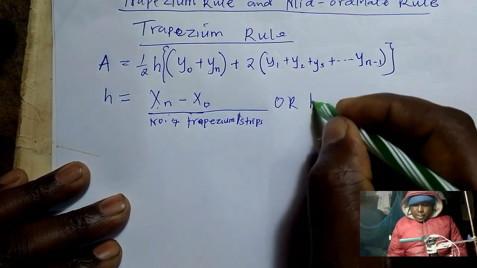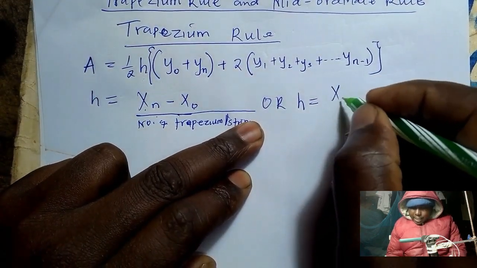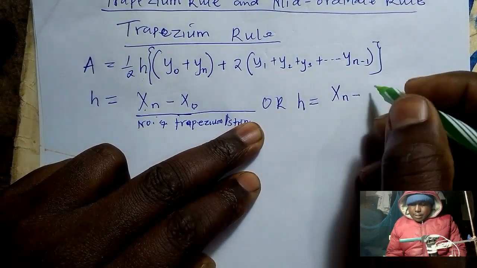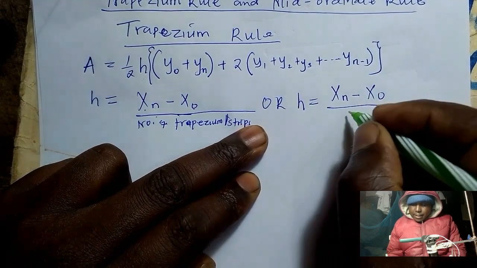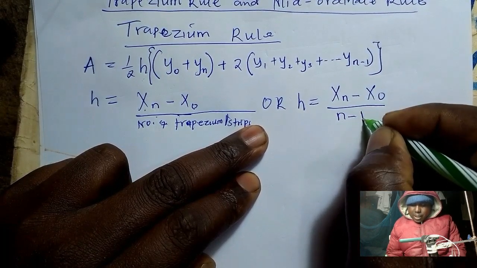Or h is equal to (xn minus x naught) divided by (n minus 1).